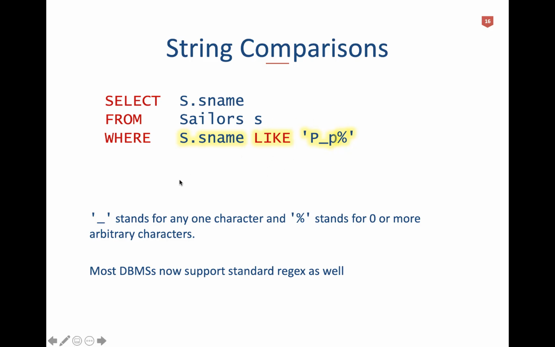For example, in this query, we are checking if the S name starts with an uppercase P and then any character here. It has to be one character, so the underscore indicates one character, then a small p, a lowercase p, and then any number, 0 or more characters, that's the percentage. Very interesting. I will give you a link for which you can go and review more regular expressions which can be used in your project.